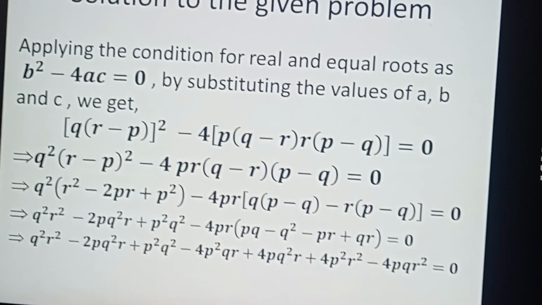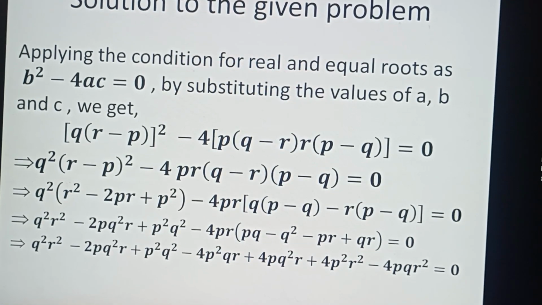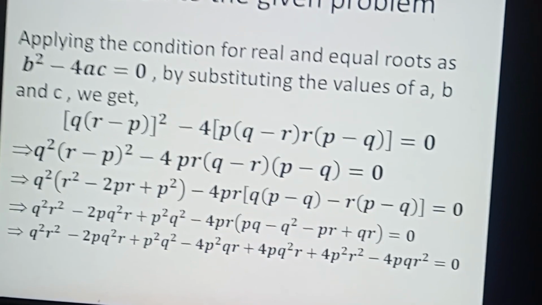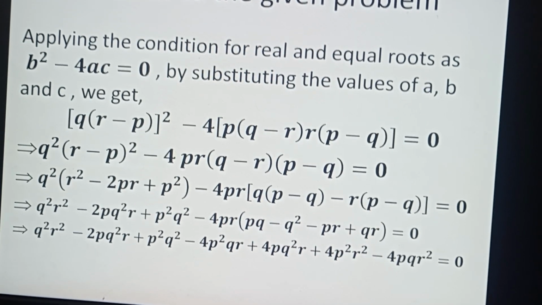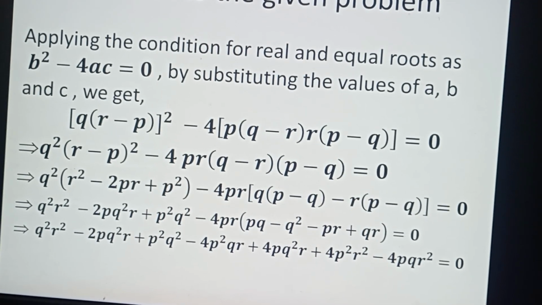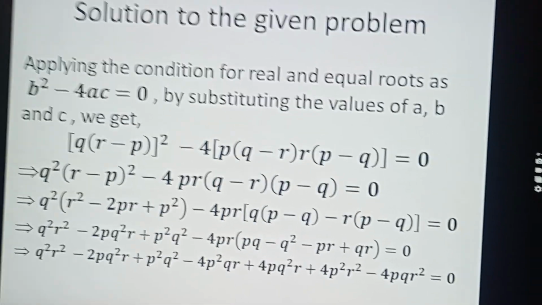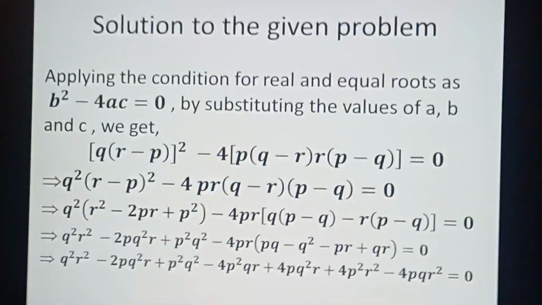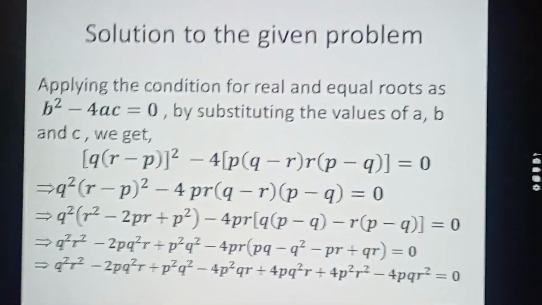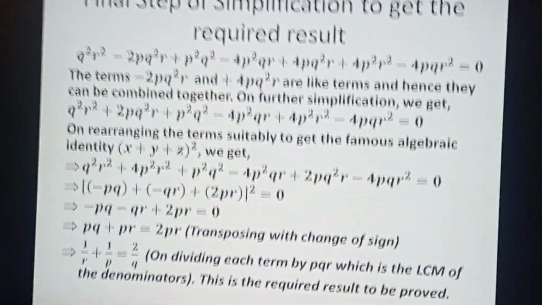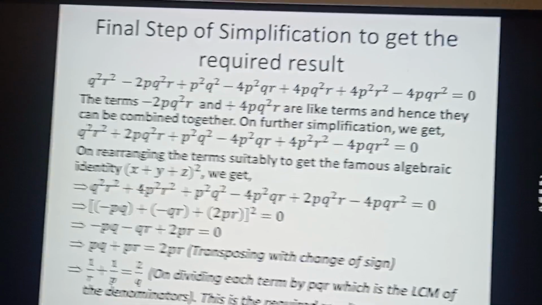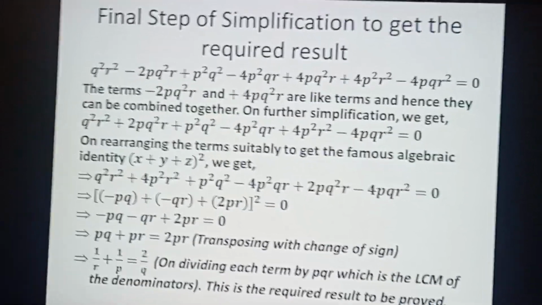Plus 4pq squared r plus 4p squared r squared minus 4pqr squared is equal to 0. You should understand this one. This step is very important, as we move on to the next step, the final step of simplification to get the required result.